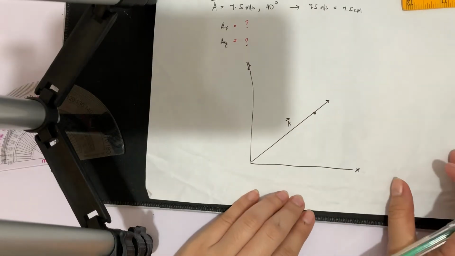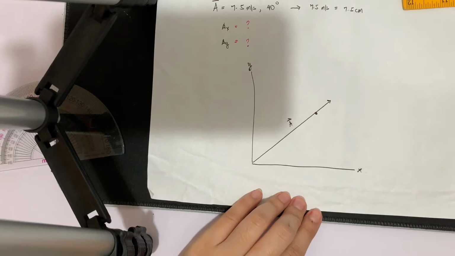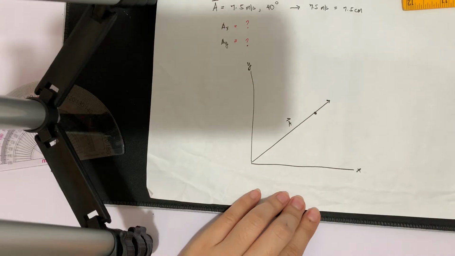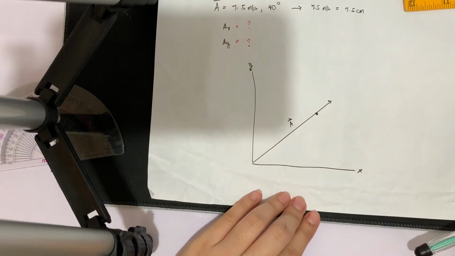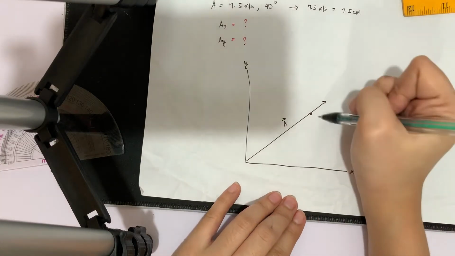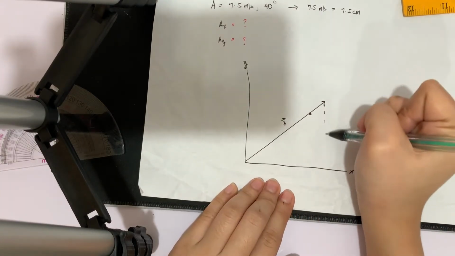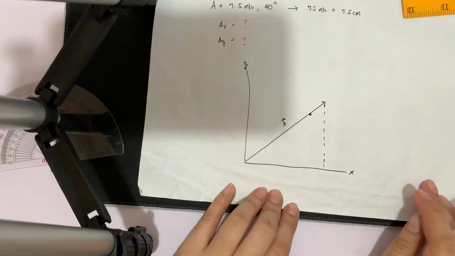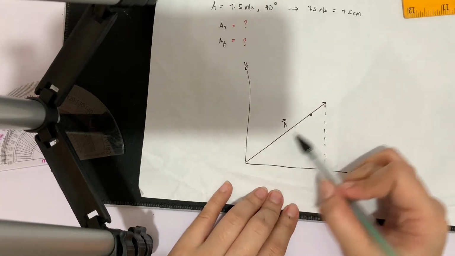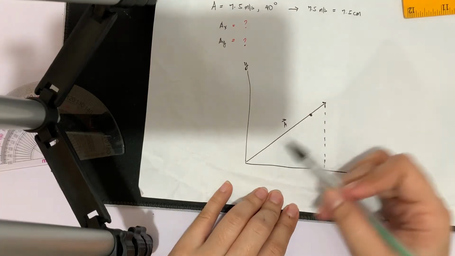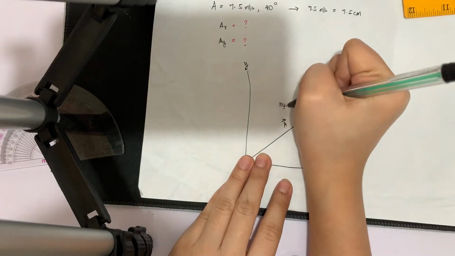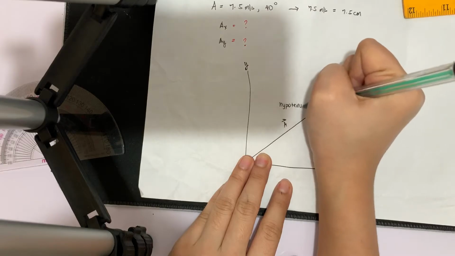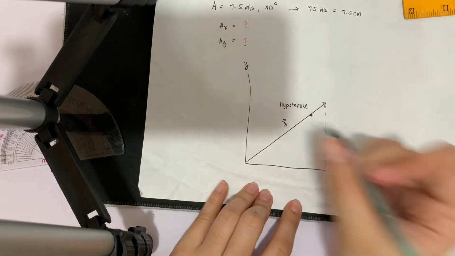The next step is to plot our triangle and label each side. We can make a triangle by putting broken lines here. So we now have our triangle. The longest leg here is called the hypotenuse.